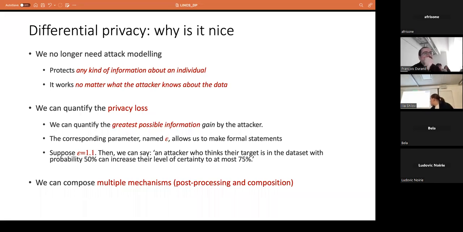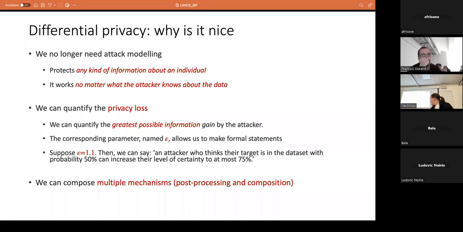The second nice property is that we can quantify the privacy loss. For example, with k-anonymity, the number k doesn't tell you a lot about your privacy. It doesn't quantify privacy. The only thing you know is that the bigger k, the better for privacy, because there are k minus one same entries as you. But it doesn't tell you what happens when the database is leaked and your privacy is compromised.